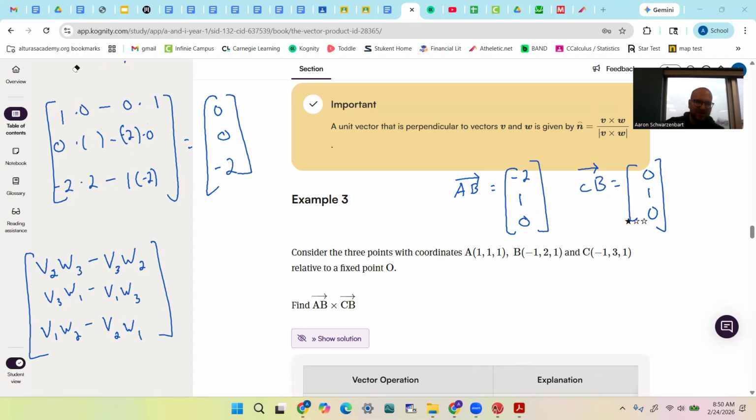W1 is 0. Right. And then V1, W2 is 1. V2, W1 is 0.